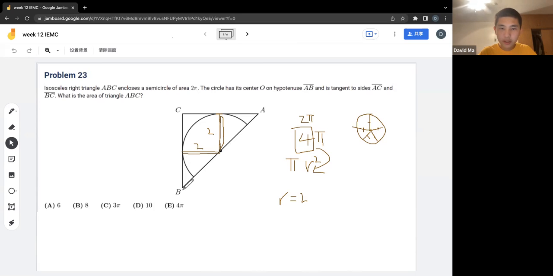All right. To find the area of the triangle, what we basically have to do is this: we see that this part becomes a square, which has an area of 2 times 2, which gives us 4.